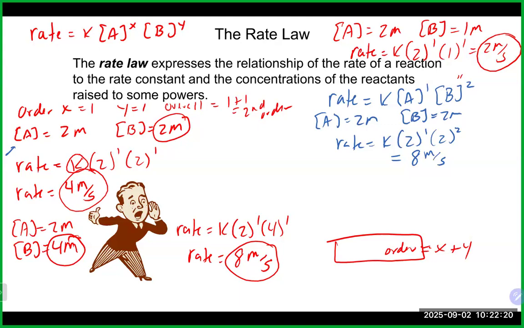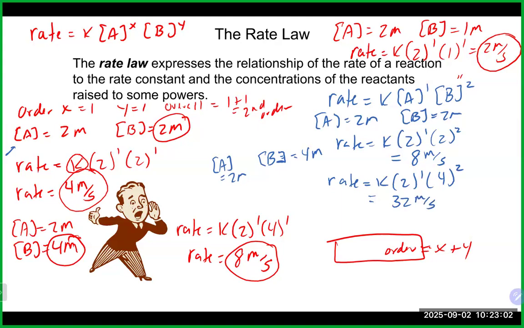Now, because our order in this case for B is actually second order versus first order in the first, you can see we are starting out with a much higher initial rate for this reaction. We could also see that if I take my concentration of B and increase it to 4 molar, and keep A at 2 molar, we'll go with 2^1 and now 4^2. That's going to give me 16 times 2, which is 32 molar per second.